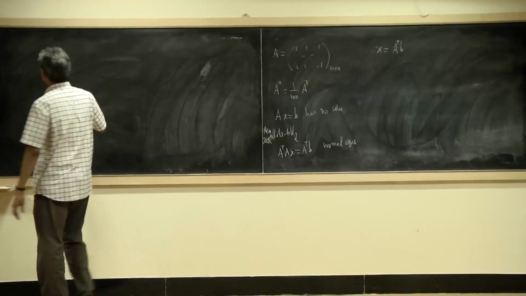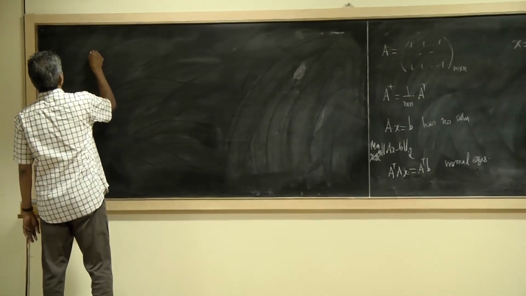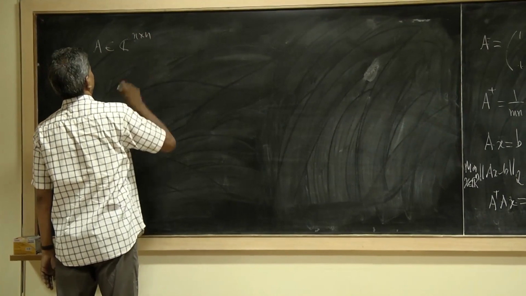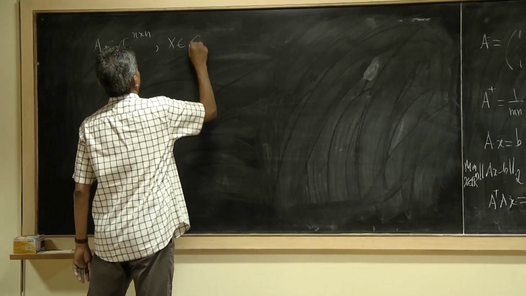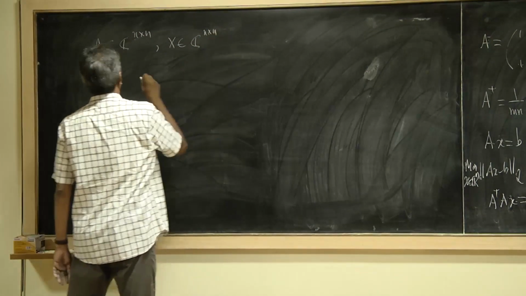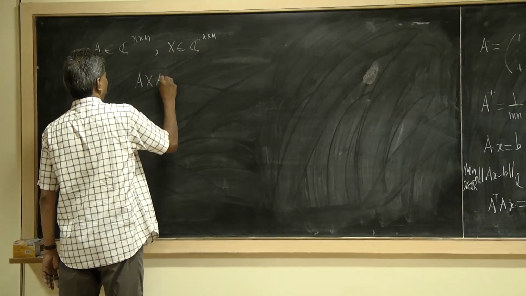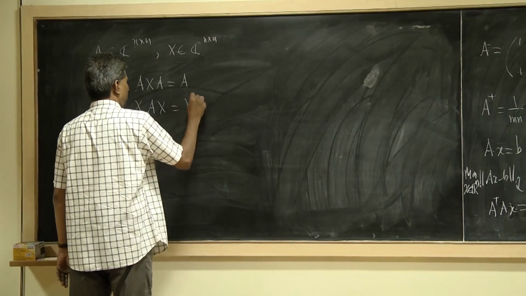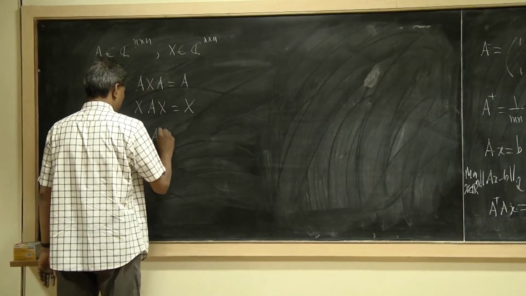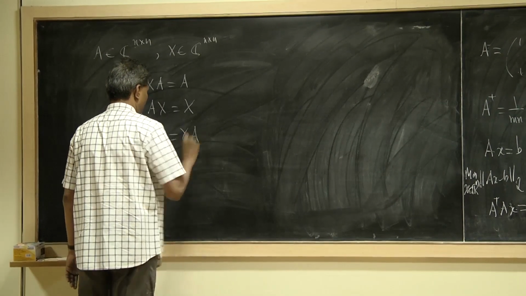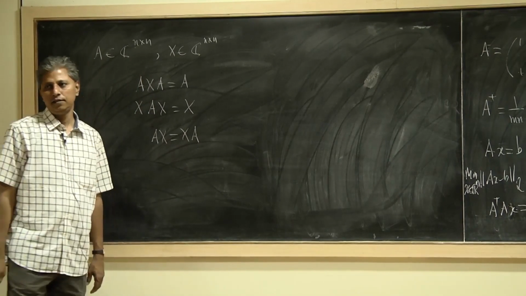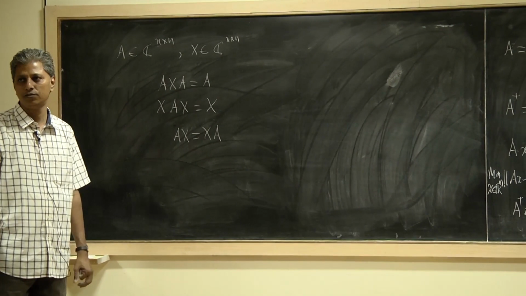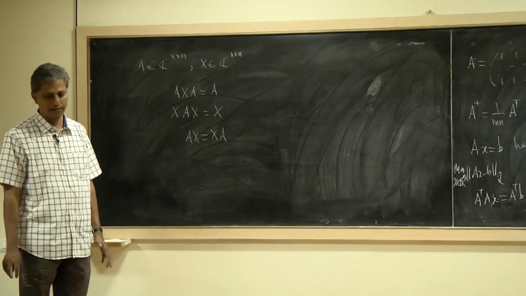For the group inverse, one considers only a square matrix. So you take the first 2 equations from the Penrose equations, and along with this you ask X to commute with A. It's because of this requirement that you can talk about the group inverse of a square matrix.